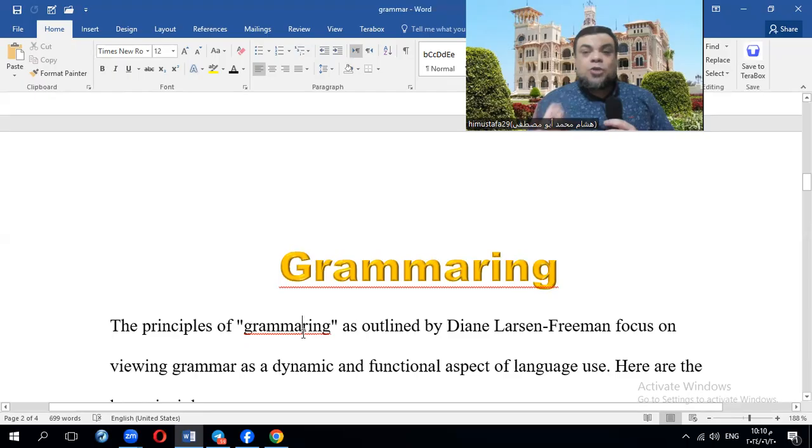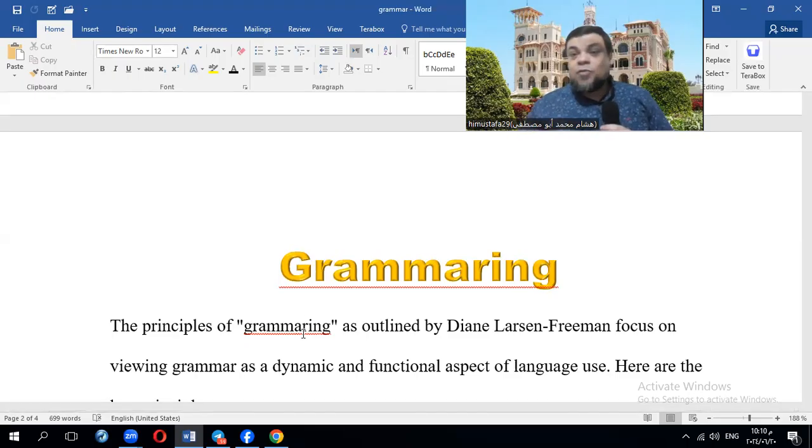So grammaring is sometimes called the fifth skill of language because the word grammaring is a gerund, an ing form. Instead of using grammar, which is a static concept, we use grammaring as a dynamic concept, as if it were a dynamic process. Like what?